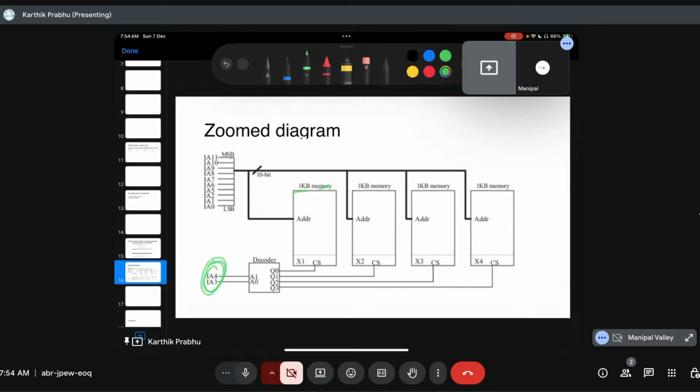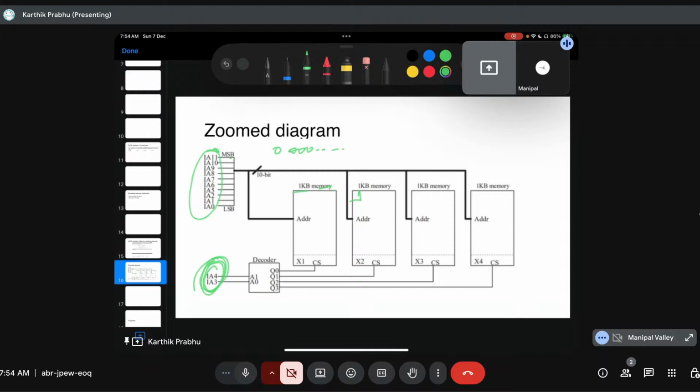If you make all of them 0, then it will index into the first location of one of these memories. Now which memory, that depends on these two bits.